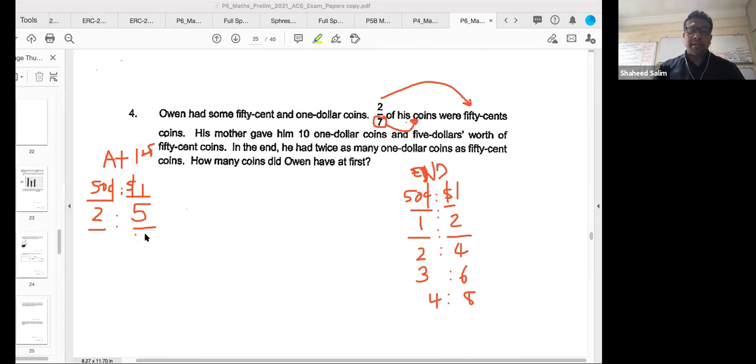So we know we must plus 10 coins here. 50-cent coins? $5 worth of 50-cent coins. $5 with how many coins? 50 cents, $1, $1.50, $2, $2.50, $3, $3.50, $4, $4.50, $5. 10 coins also. Also 10 coins here. Can you see now? The mother give 10 coins, and then the new ratio is one of these.